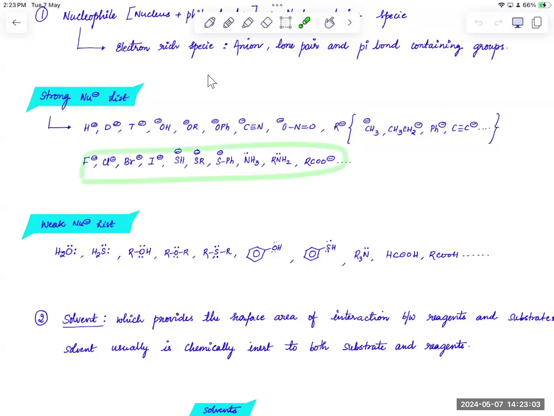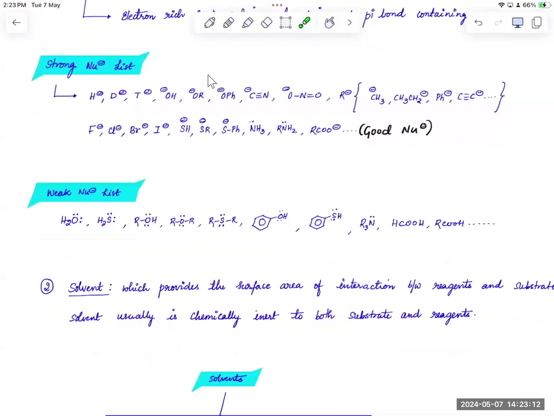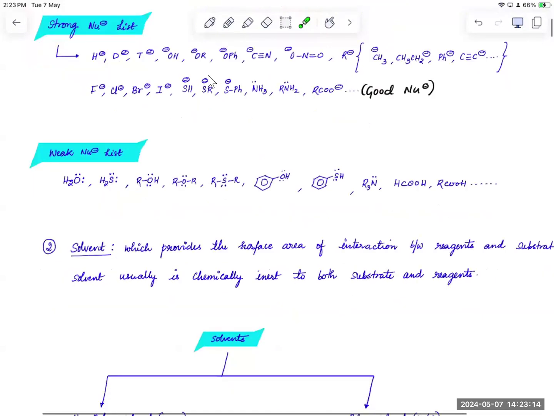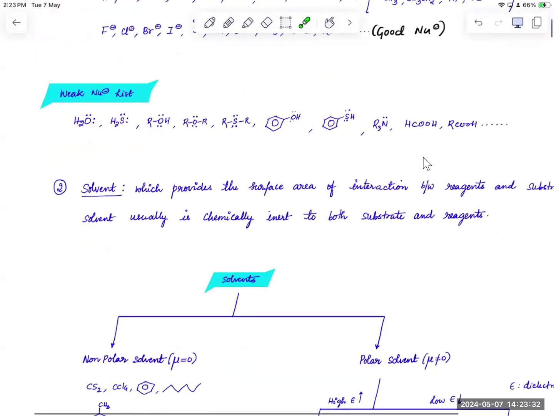These are very strong nucleophiles, and these are good nucleophiles. Next, weak nucleophile implies that they usually don't have any charge. So that is H2O, H2S. They have lone pairs, but they don't have any specific charge on them. Okay. So you can see ROR, RSR, phenol, thiophenol, tertiary amine, acid, all of these esters, everything can act like a weak nucleophile.